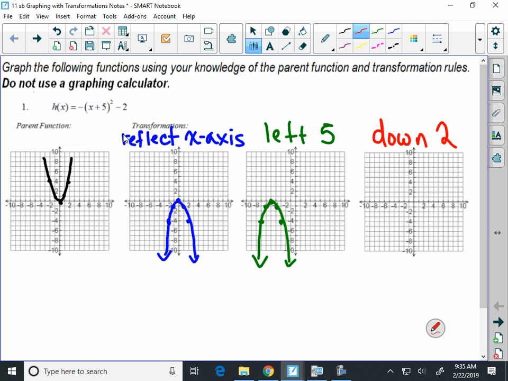Again, starting with the vertex, negative 5, 0 becomes negative 5, negative 2. Negative 4, negative 1 becomes negative 4, negative 3. Negative 3, negative 4 becomes negative 3, negative 6.